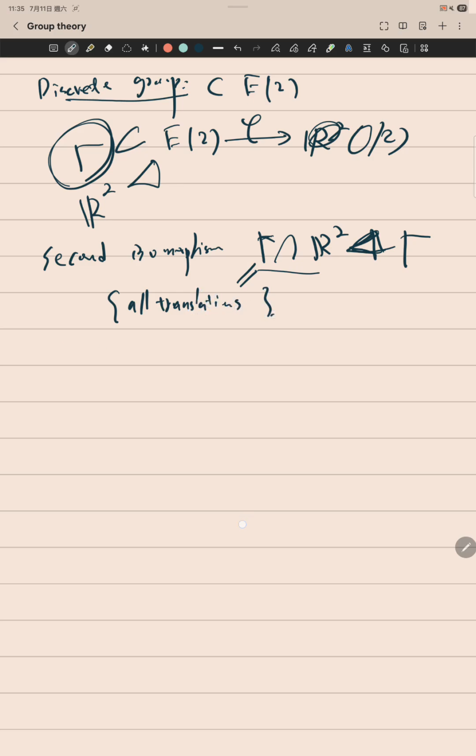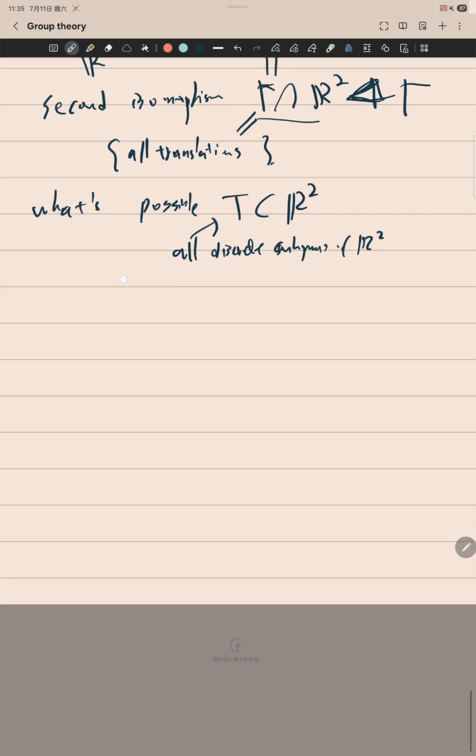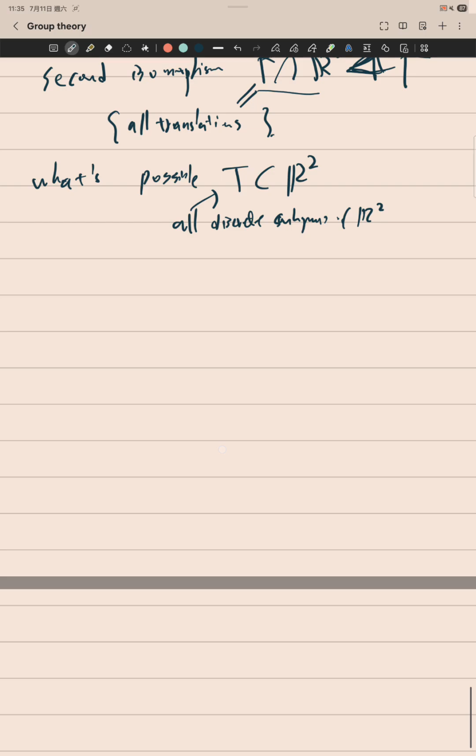Okay, so my question is the following. Let's say this is called T. What are the possible T? Basically I'm asking a simple question: what are all the discrete subgroups of R squared? So in 2 dimensions, what kind of translational subgroup can you form?